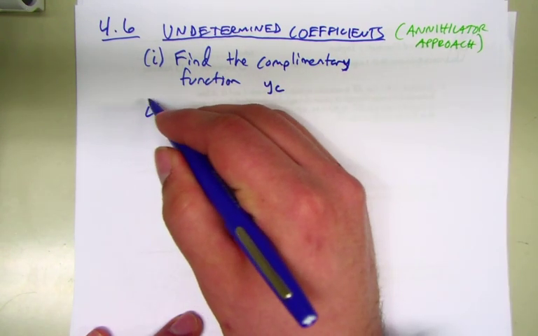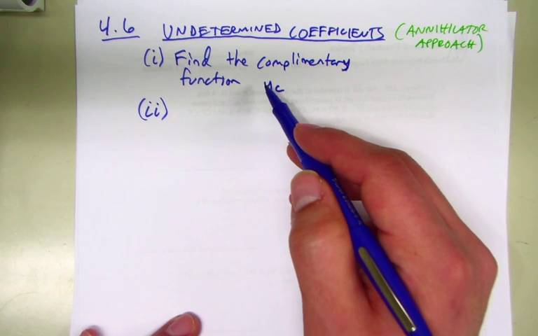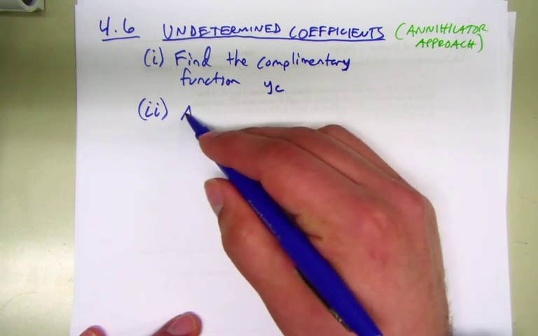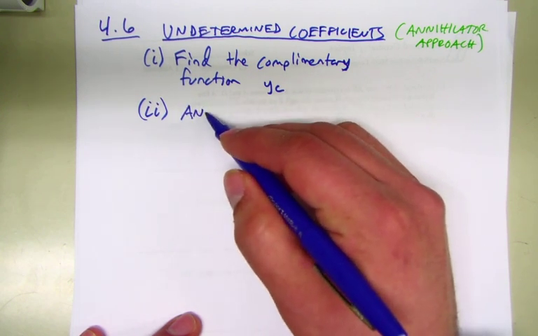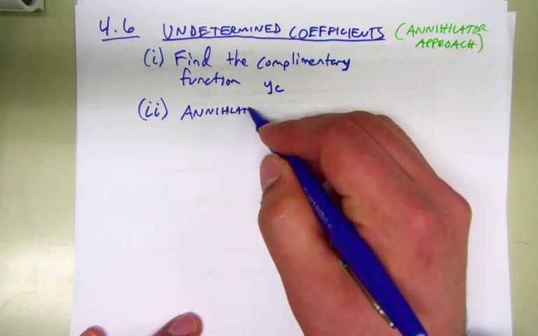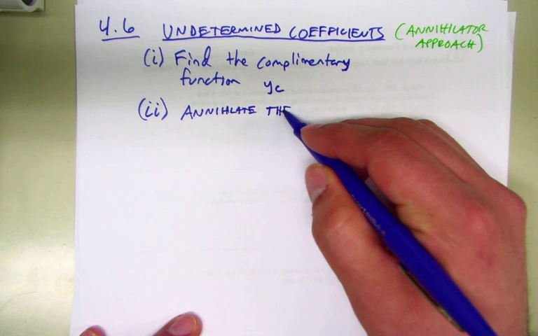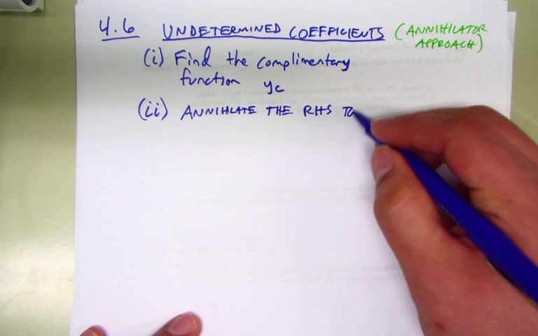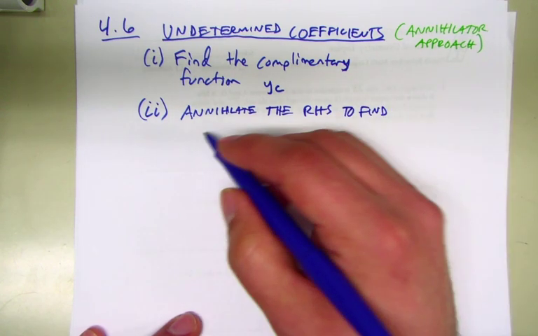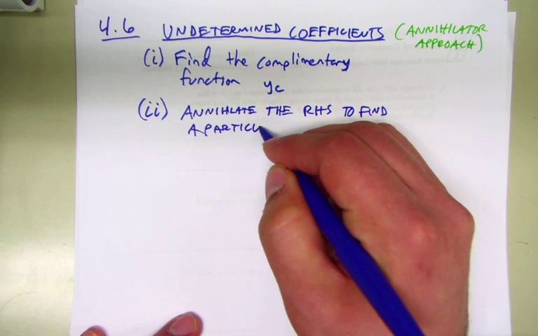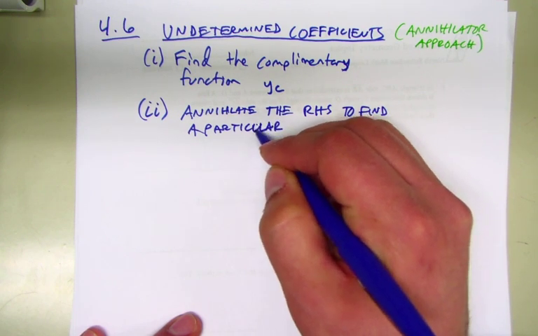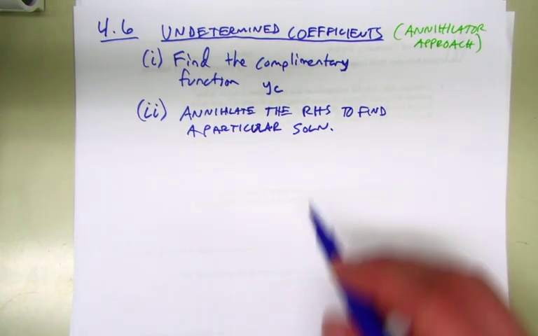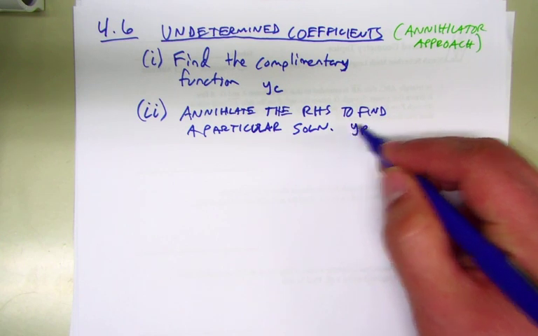Second, once you know what solves the homogeneous version of the equation, then you're going to annihilate the right-hand side to find a particular solution, and by the way this is y sub p.